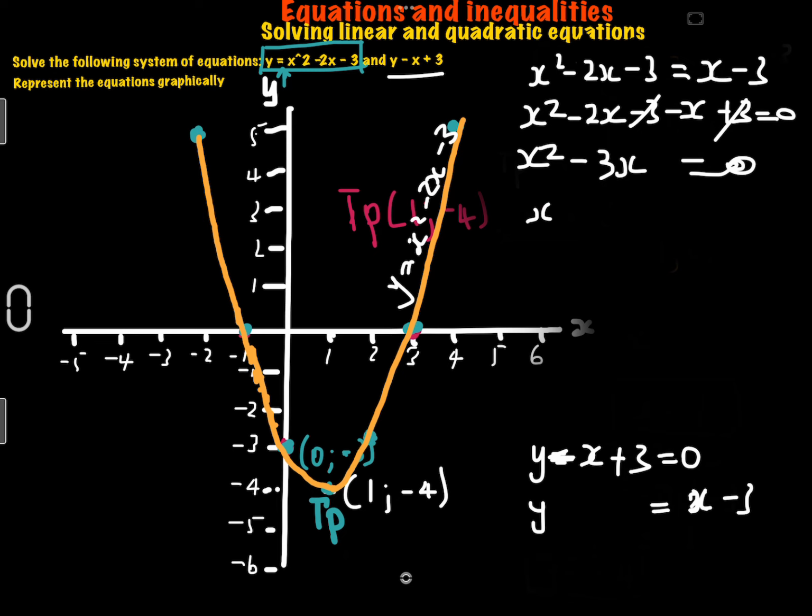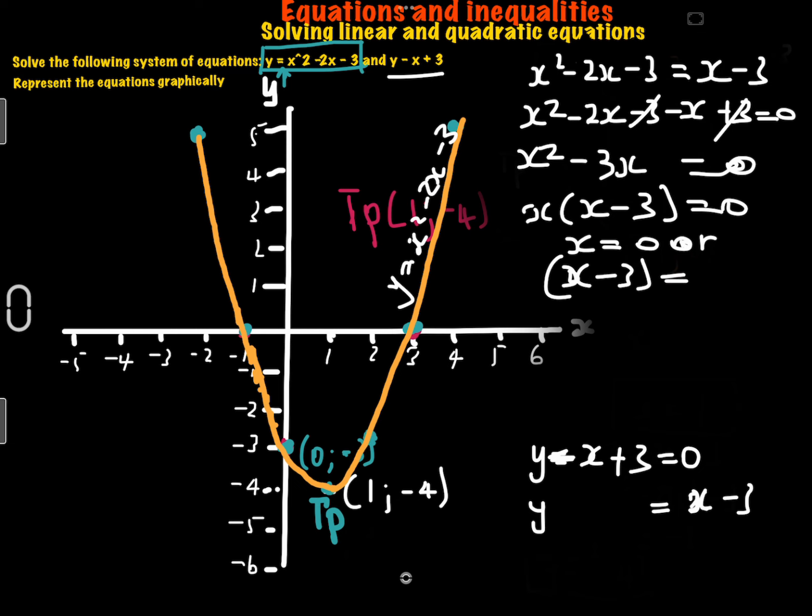The common factor is x. So I have x times x minus 3 is equals to 0. So in this case, x can be equals to 0, or x minus 3 can also be equals to 0, or you can say x is equals to 3.